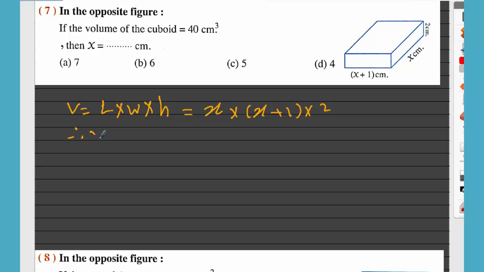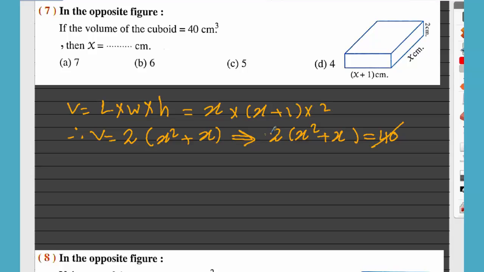So V equals 2 multiply x squared plus x. Okay, so we have the volume equals 40. We can write 2 multiply x squared plus x equals 40.